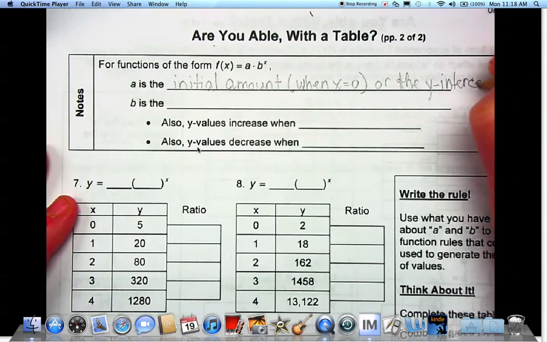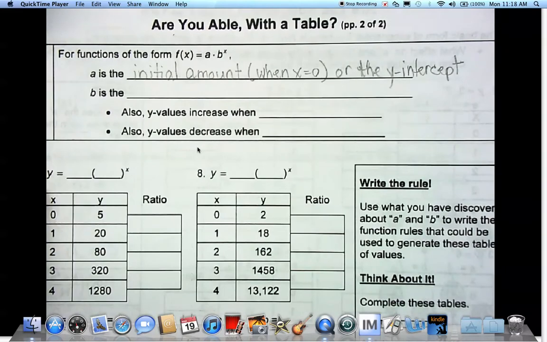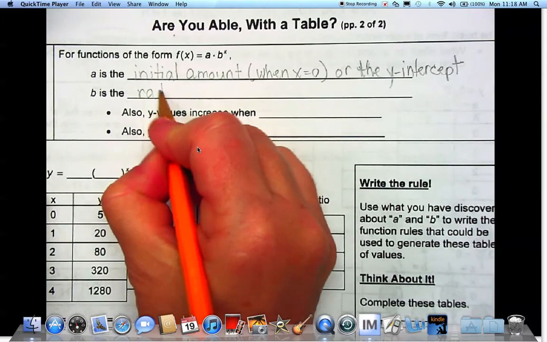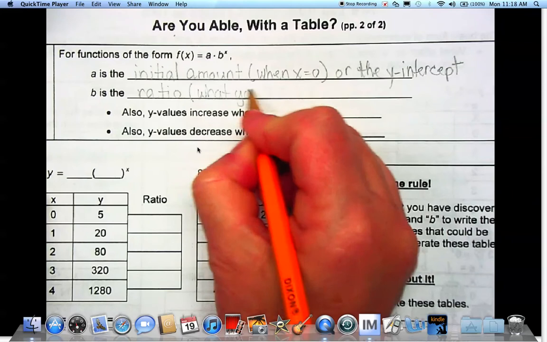You could also say it's the starting point, starting amount. B is the same thing as before, the ratio, what you multiply y by.